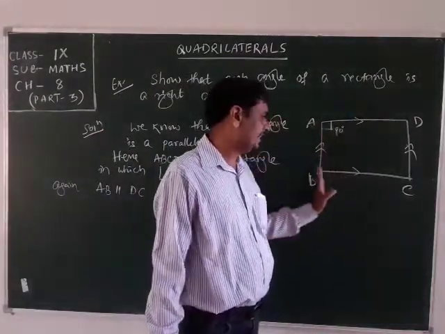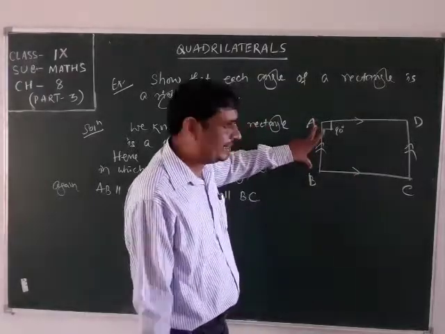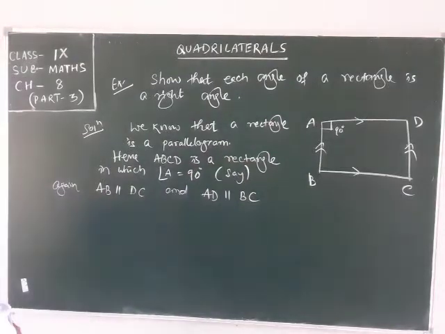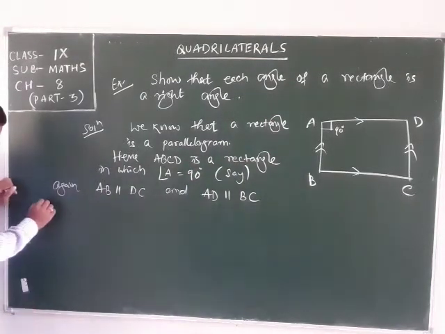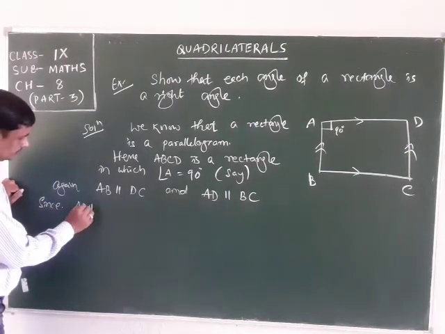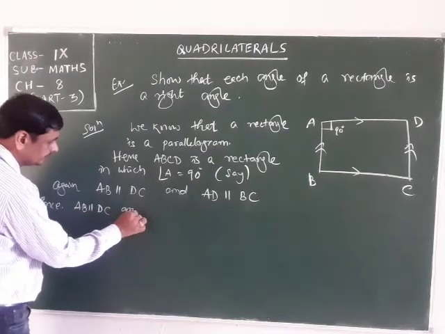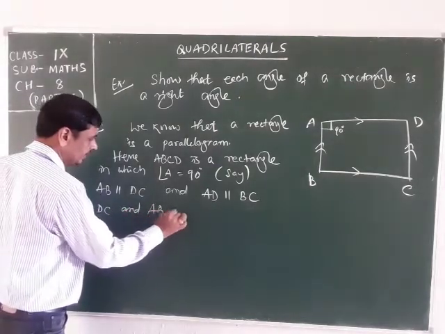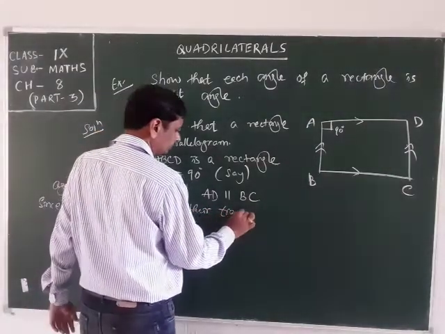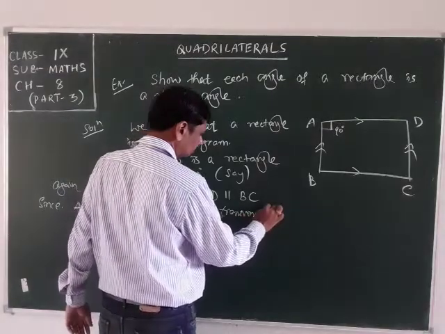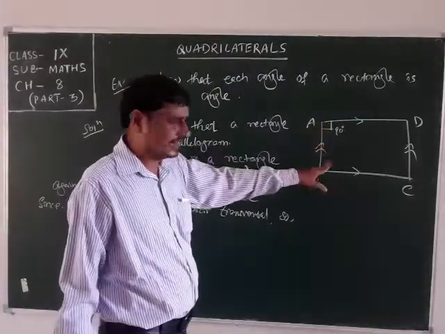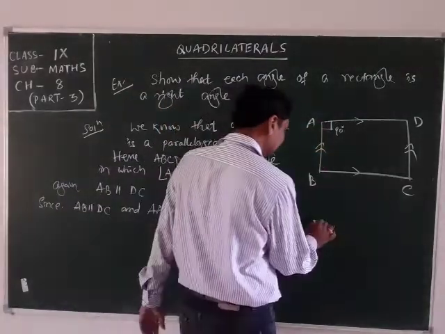Now, since AD and BC are parallel and AB is considered as their transversal, angle A plus angle B becomes equal to 180 degrees.